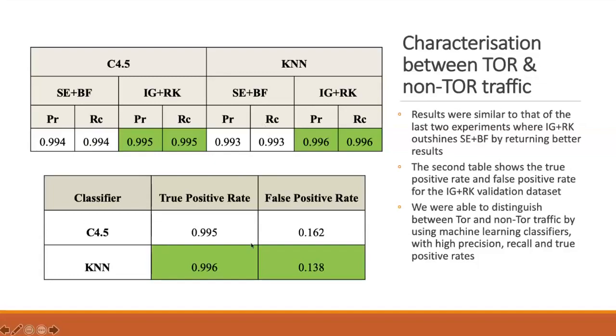The second table here shows the true positive rate and the false positive rate of InfoGain ranking datasets for both C4.5 and k-nearest neighbors classifiers. The latter returned better results for all precision, recall, true positive rates, and false positive rates, although the differences are not very significant.